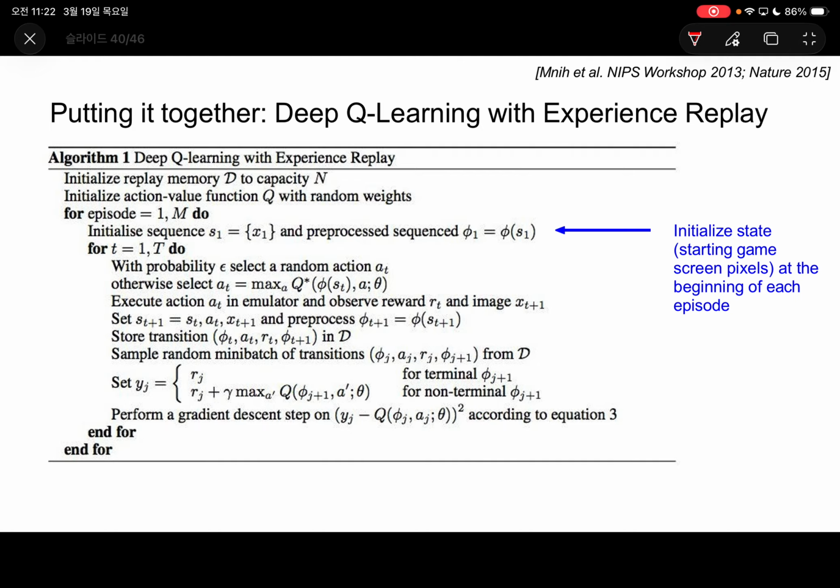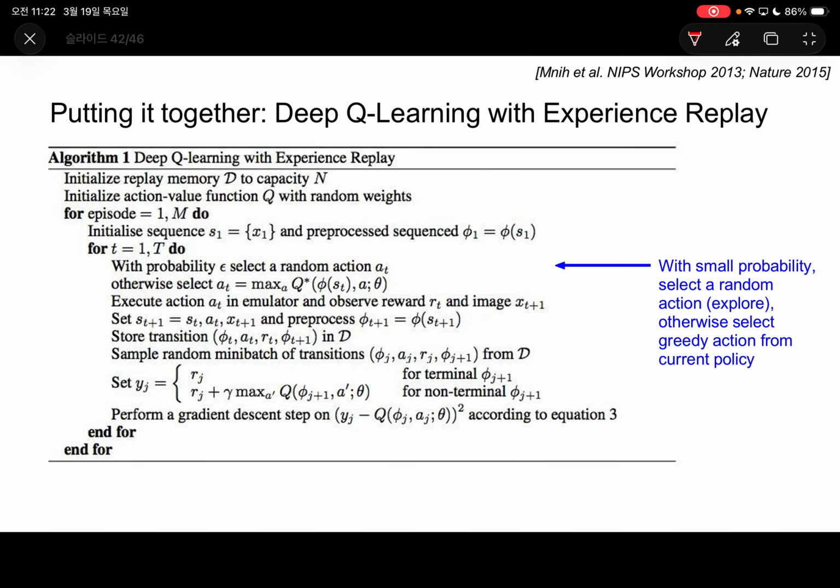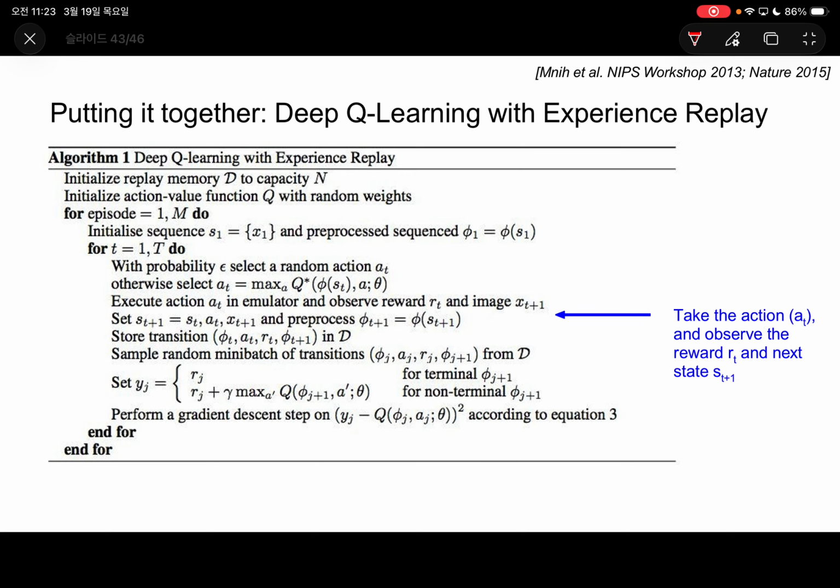We initialize the state, the starting game screen pixels, at the beginning of each episode. For each time step t of the game, with small probability we select a random action, otherwise we select the greedy action from the current policy. We know this, right? This is epsilon-greedy, as in algorithm 2 or 3. Then we take the action and observe the reward r_t and the next state.